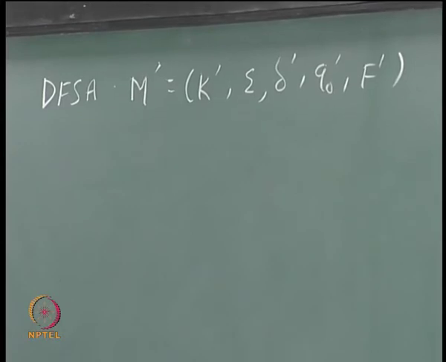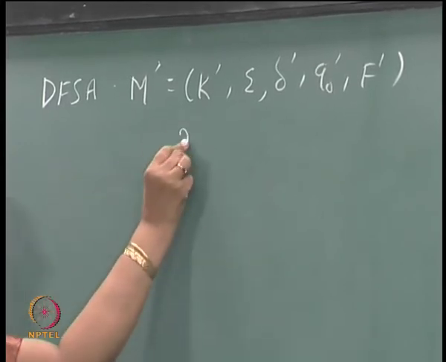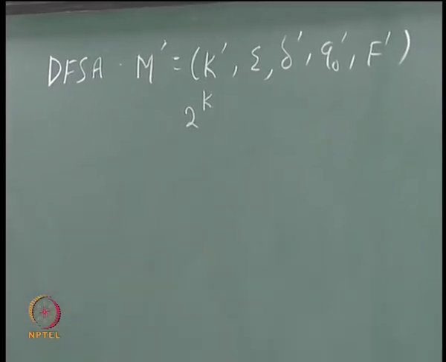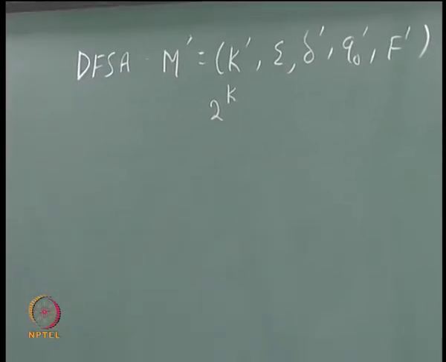Now, this Q dash is a set of subsets, and we have defined delta dash and F dash. How did we define delta dash?